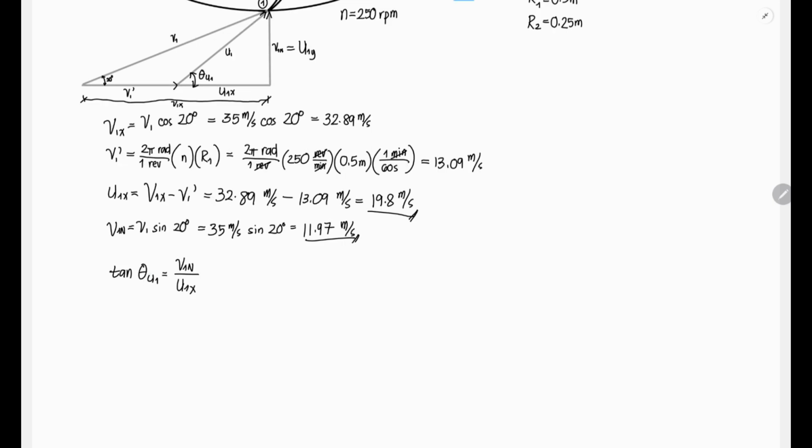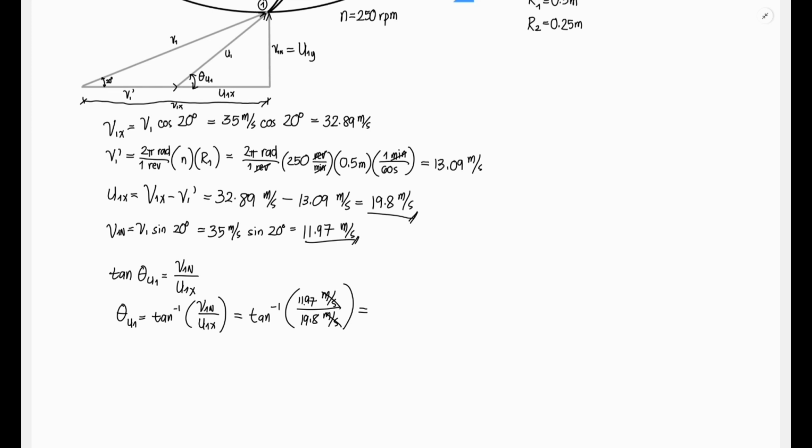So to solve for theta u1, we need to rearrange this equation into theta u1 is equal to tangent negative 1, or that is arctan, v1n over u1x. So applying the values for v1n and u1x, that is 11.97 meters per second over the u1x, which is 19.8 meters per second. It is equal to 31.15 degrees.